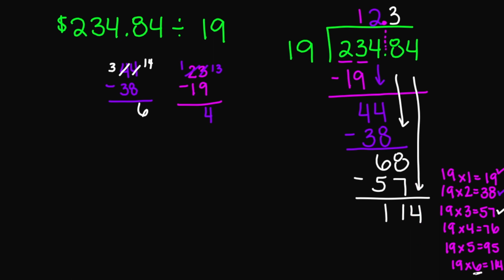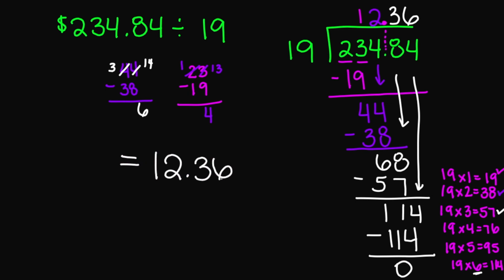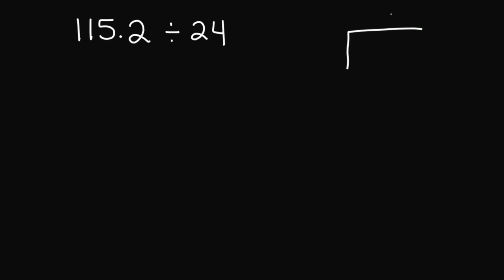It goes in 6 times. So I'm going to write a 6 on top here. 19 times 6 is 114. 114 minus 114 is going to equal 0. So your quotient, your final answer is 12.36.